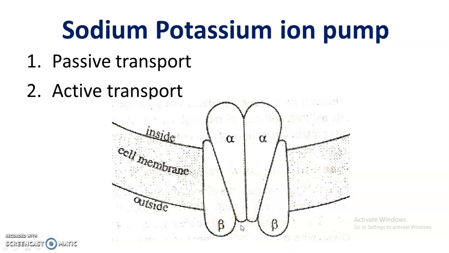This is the representation of the enzyme ATPase. So in ATPase keep in mind there are 2 alpha subunits which are larger, and 2 beta subunits.